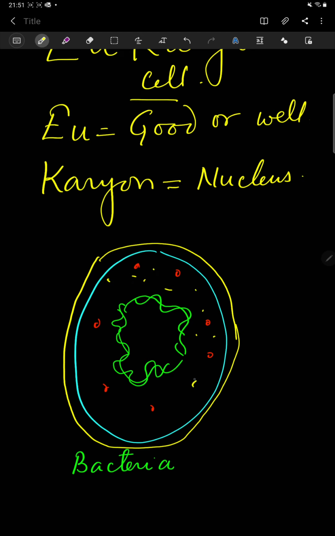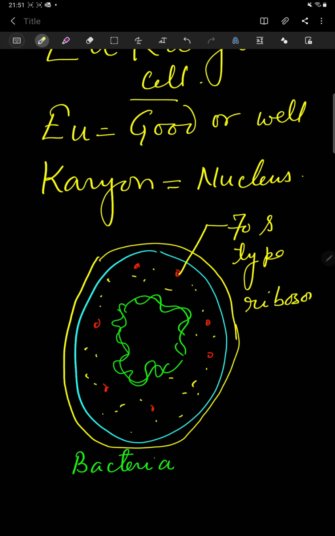The main function of the ribosome is similar to a eukaryotic cell, protein synthesis, but these ribosomes are termed as 70S type ribosome. So, there is no chromatin network, right.